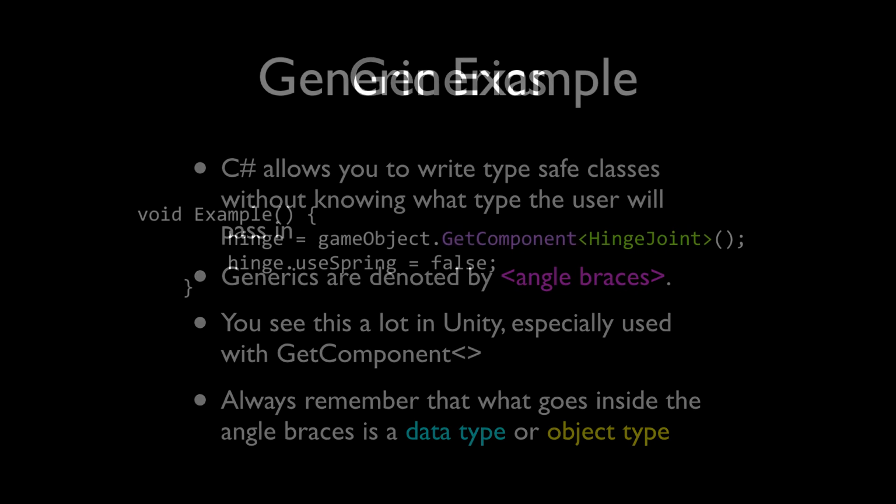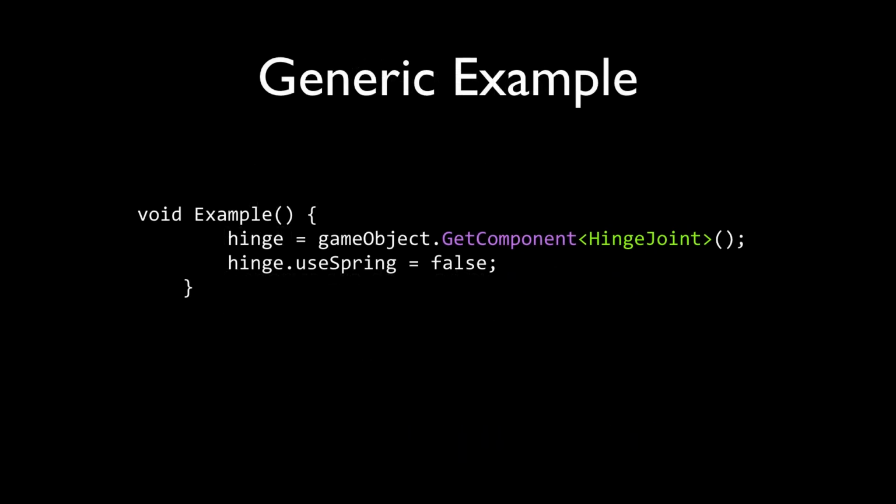This is right out of the Unity documentation for getComponent. And in this case, we are using the getComponent call to get the hinge joint that's on this particular game object. And then once we've gotten that, then we can access hinge joint as though we had instantiated it directly and set pretty much anything we wanted to in there.